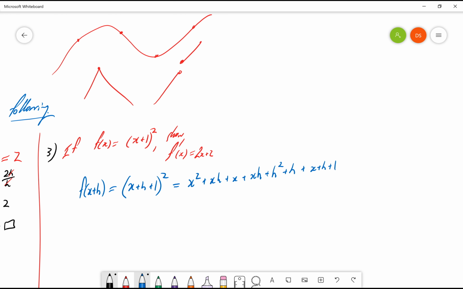If you're not sure how this one works, use a grid and you'll be able to expand it.